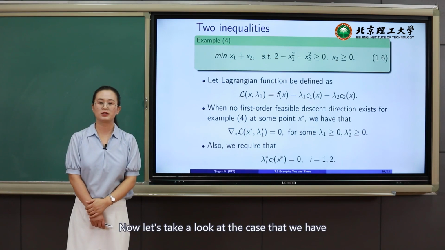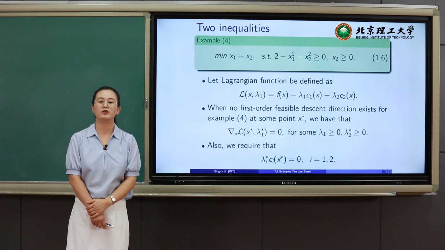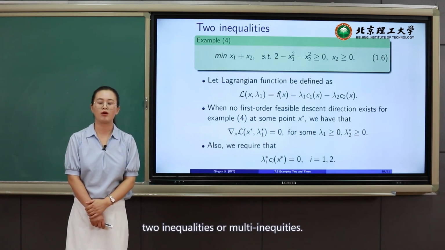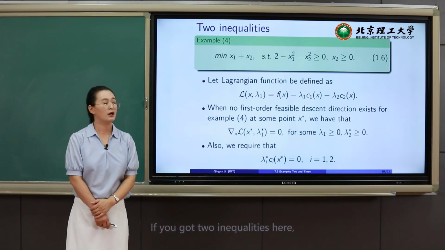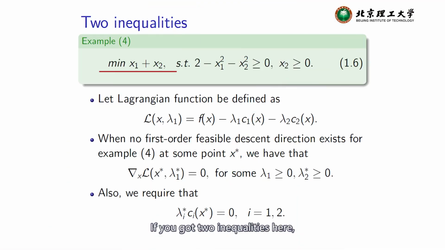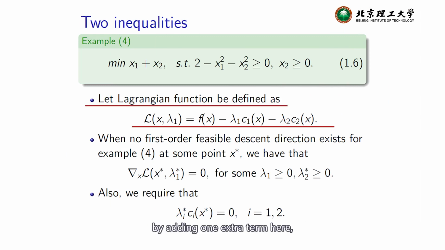Now, let's take a look at the case where we have two inequalities, or multiple inequalities. If we have two inequalities, we can write the Lagrange function by adding one extra term, minus lambda 2 multiplied by c2. So this is the Lagrange function.